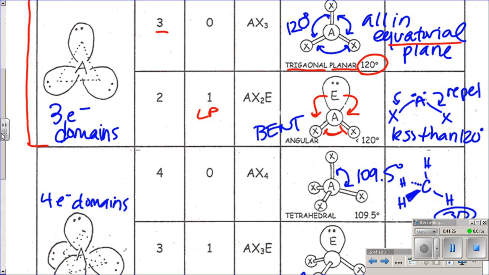And closer together means less than 120. We don't always know exactly what it is, so sometimes you're allowed to say less than. And there's another word for this shape. We usually would just call it bent, because if you're looking from here down here, it looks bent, like water looks bent. But another older term for that is angular, because it looks like an angle. So just know both of those terms.